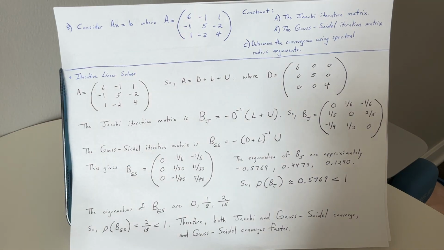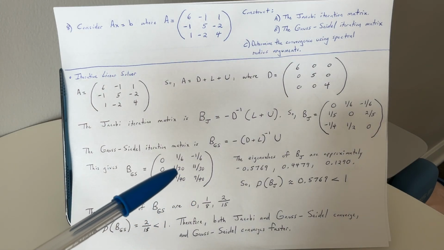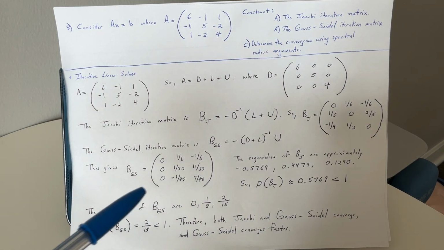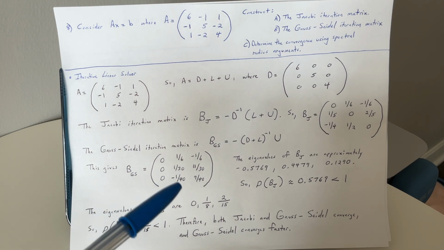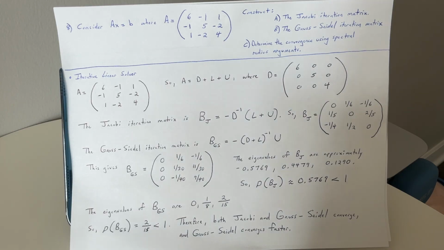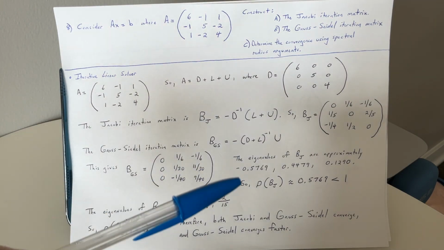First row 0, 1/6, negative 1/6. Second row 0, 1/30, 11/30. And third row 0, negative 1/40, 9/40. So calculating from here, we perform the computation.